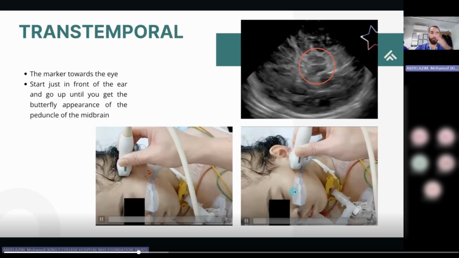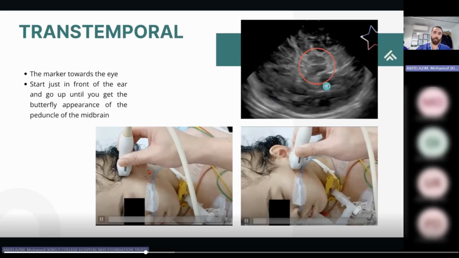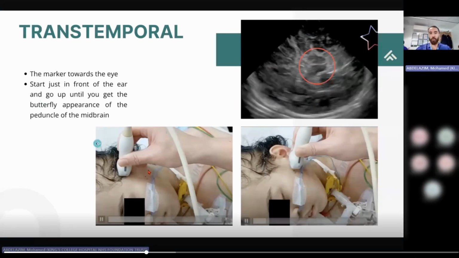It's either right or left, whatever side you're scanning. Usually you start with the knob towards the eye of the patient, and then you put your probe like here, just in front of the ear, and slowly and slightly go up, just above your zygoma, until you get this beautiful view, the butterfly view as they call it, which is basically the cerebral peduncles, or the peduncles of the midbrain.